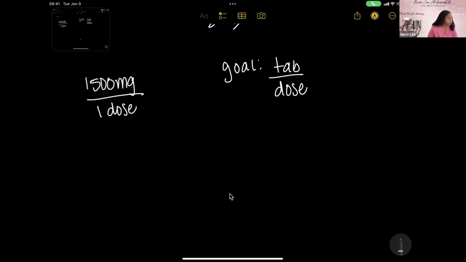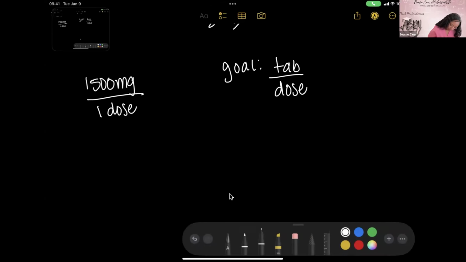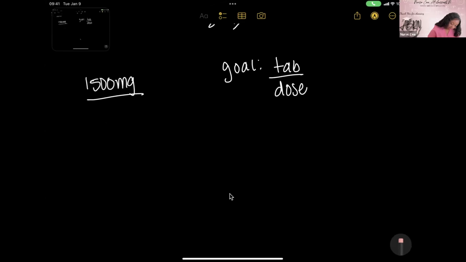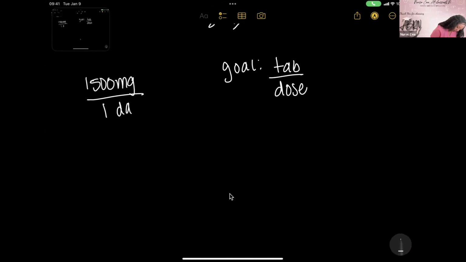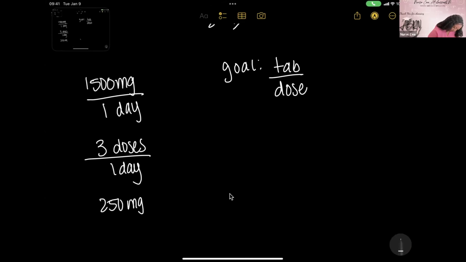So if you had 1,500 milligrams, that's in a day, you have to divide it into doses. You have 3 doses in that day. And then in your tablets, you had 250 milligram tabs. Okay. So we're looking for tablets or tabs.